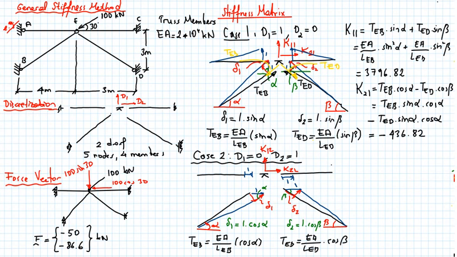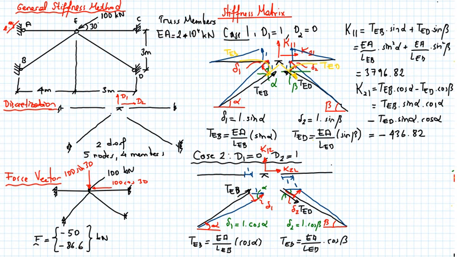So let's show the forces. So this is tensile force, this is TED. So we have a compressive force here in this direction. So this should be TEB, this should be TED.